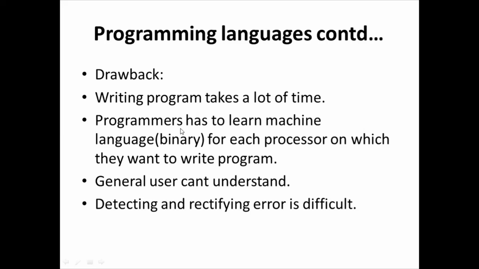For each processor, whatever they want to write, they have to learn that processor's binary language. Then the general user can't understand it. Normal users cannot understand this binary language. Then detecting and rectifying errors is difficult. If any error or mistake is there, rectifying it becomes very difficult.